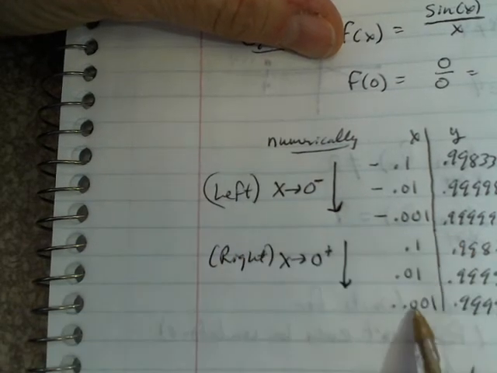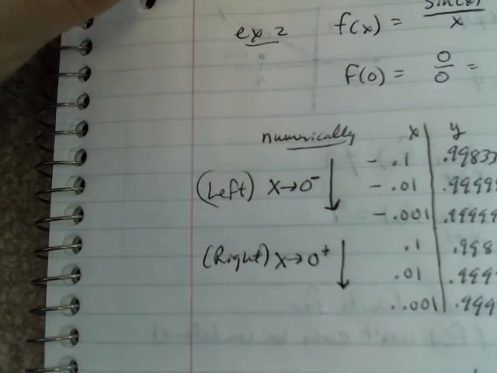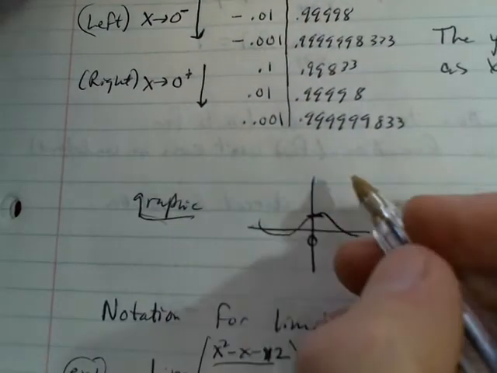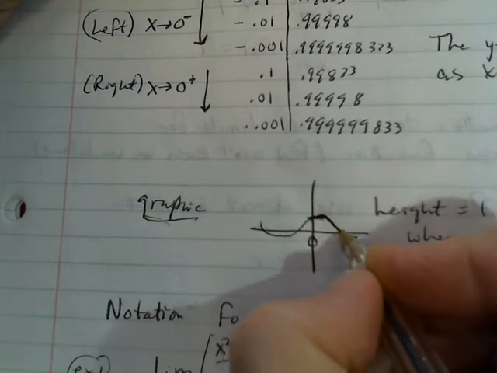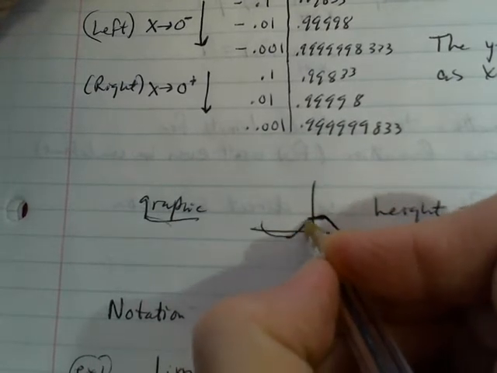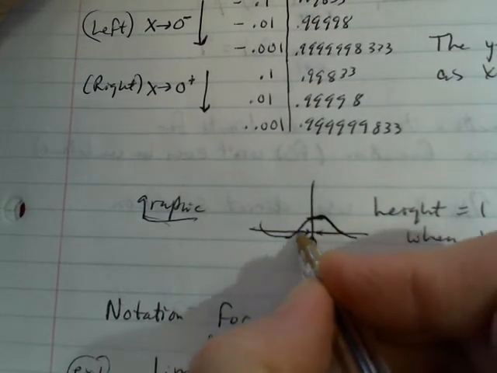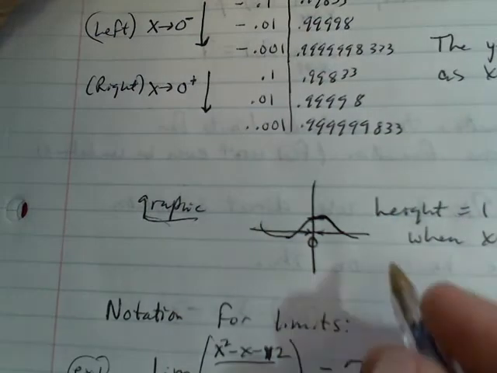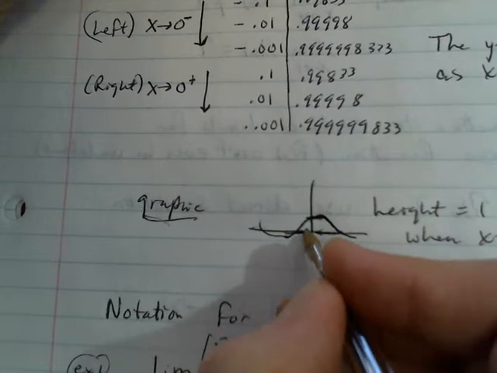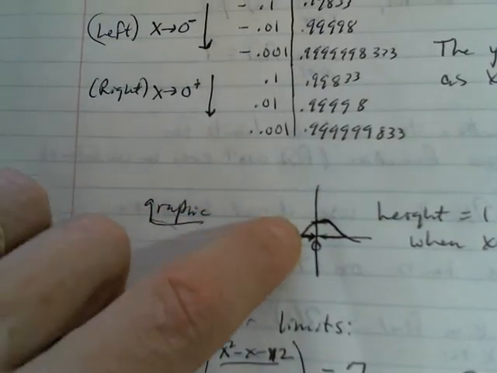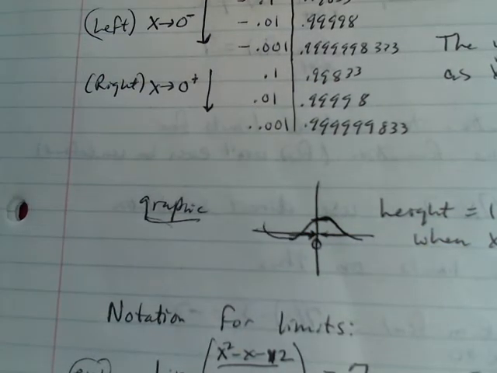In other words, these x values are greater than 0, but we're getting closer and closer to 0 from the right-hand side. If you wanted to take a look at the graph, we're coming in from the right and we're coming in from the left. And as we're getting closer and closer, we're zooming into 0 from the right and from the left. That's what these values mean. So this would be approaching 0 with a little plus. This would be approaching 0 with a little minus, because it's the less than 0, the greater than 0, zooming in and approaching that.